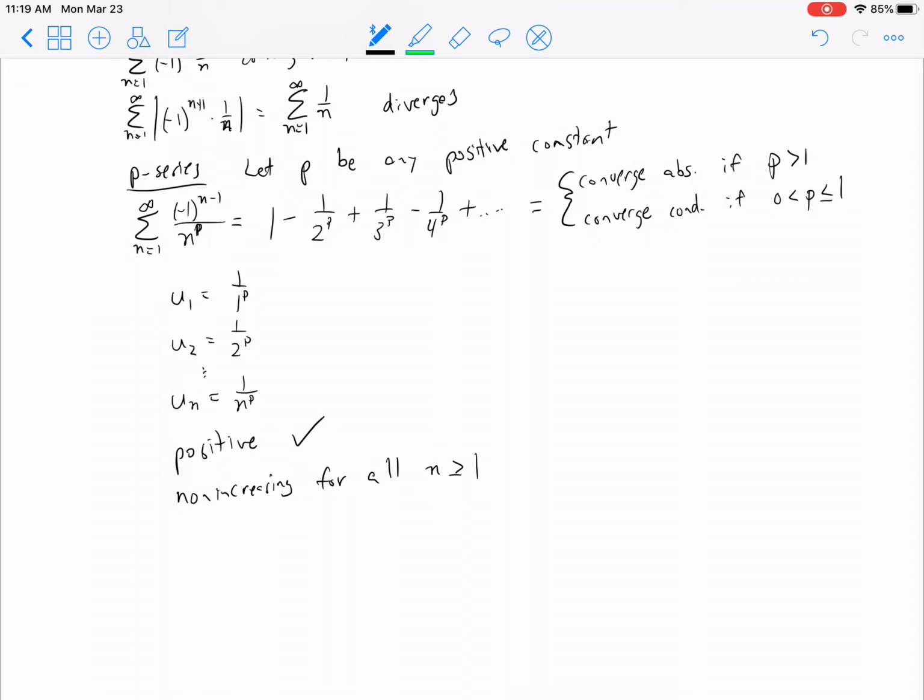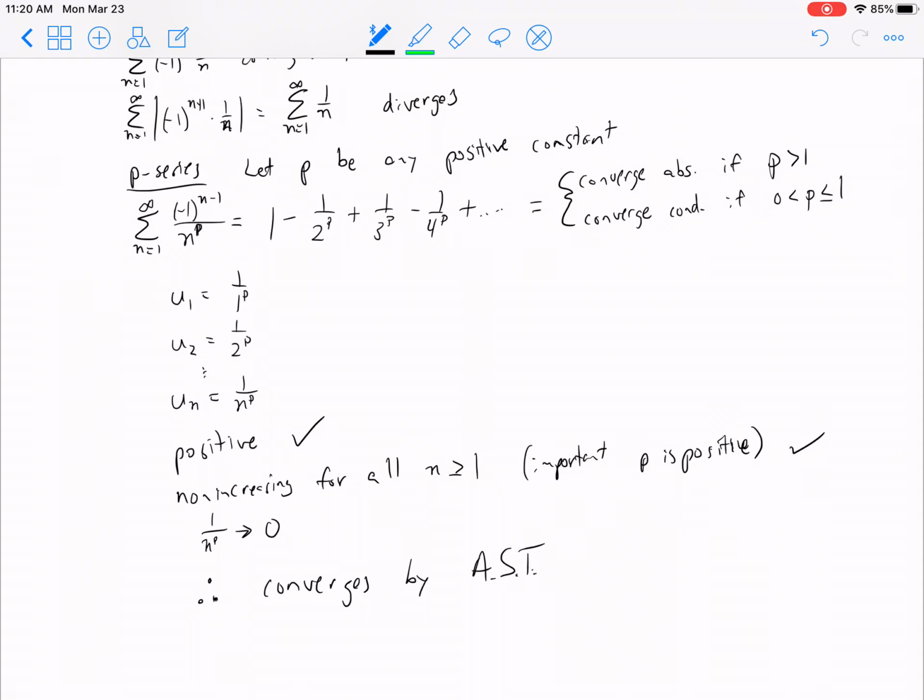All right, it's important that p is positive here. And yes, it's non-increasing for everything greater than that. And then 1 over n to the p is going to go to 0. So therefore, this converges by AST. Okay? Oh, I meant to put a check mark there.